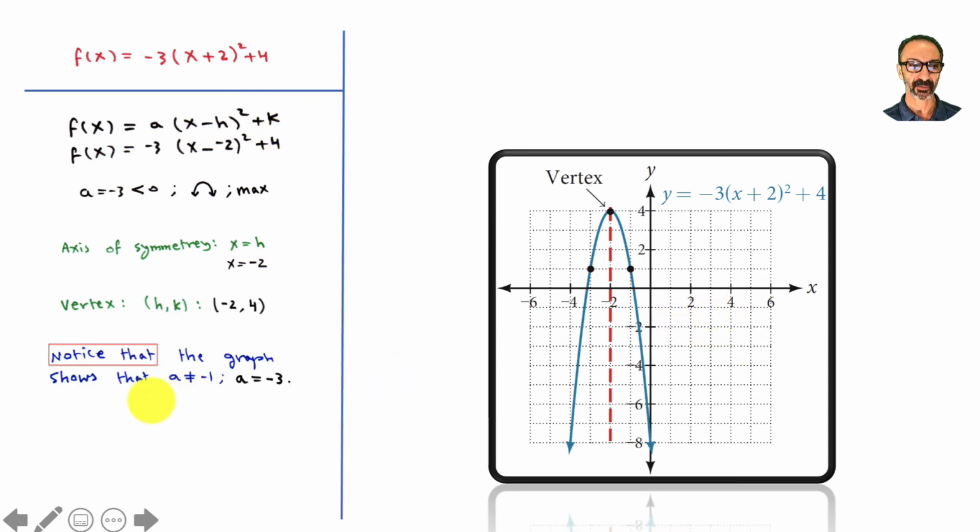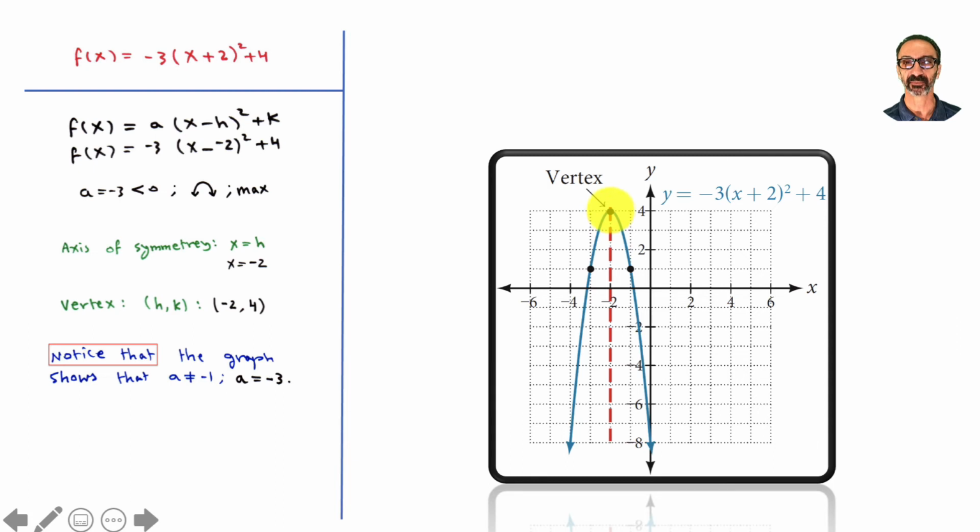Now, here's a comment. Notice that the graph shows that a is not negative 1, it's actually negative 3, as the equation shows. Because the scale is going 1 to 3, 1 to 3, which is the normal way, so it's not going to be misleading. If this is upside down and it's not being stretched vertically or compressed, this is the vertex.